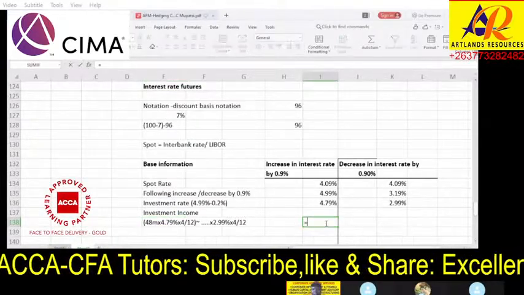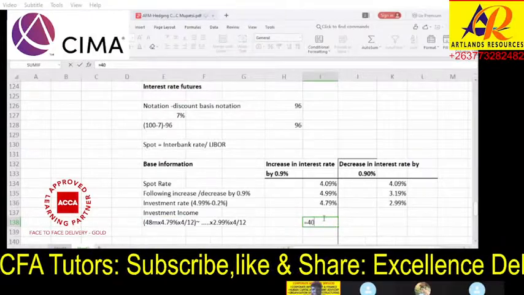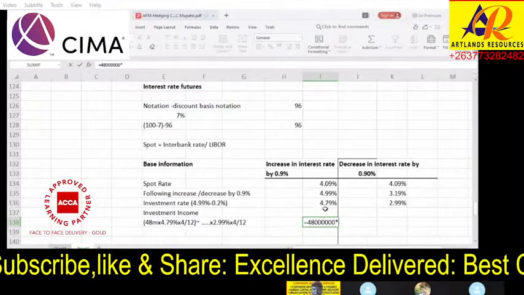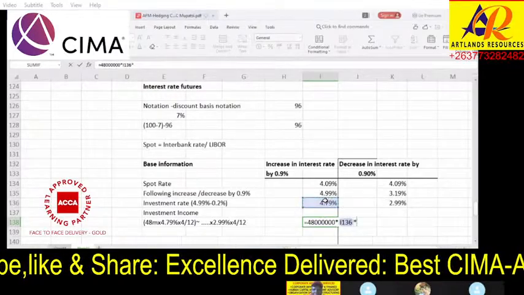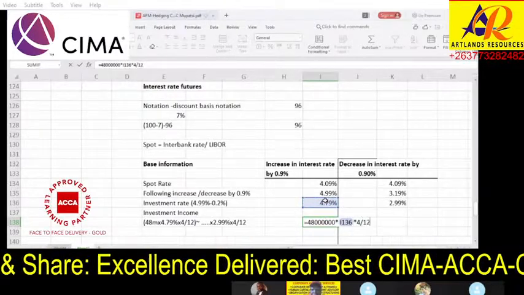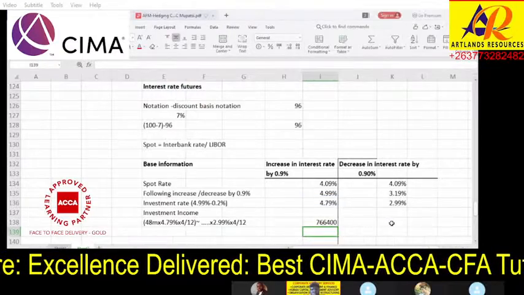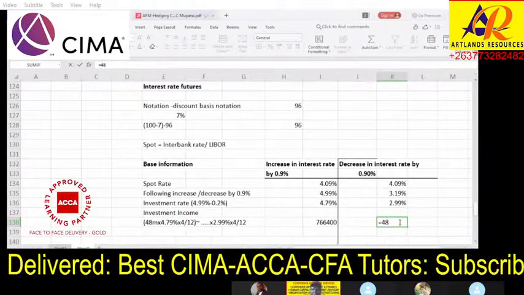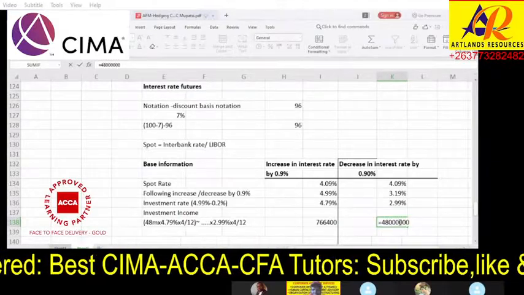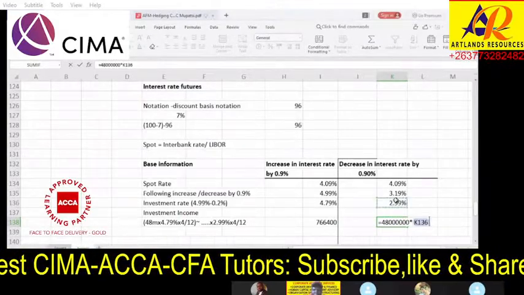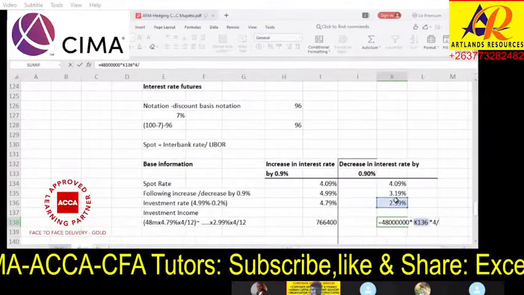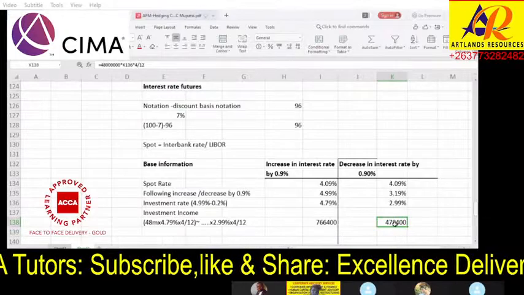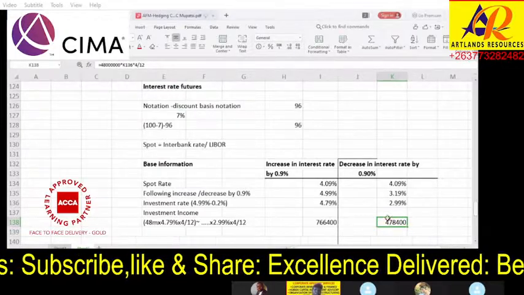So you're simply saying equals 48 million times this rate here times 4/12, because the loan is for 4 months. Here you do the same. So there you go. This is the investment income that A1 will get.